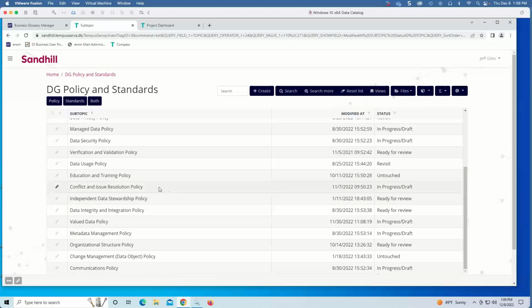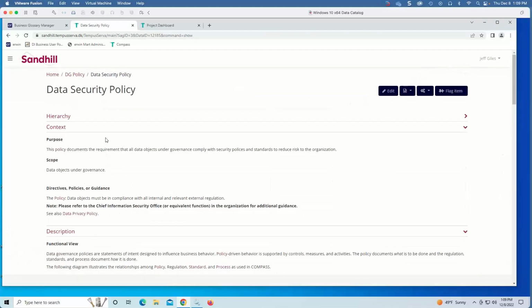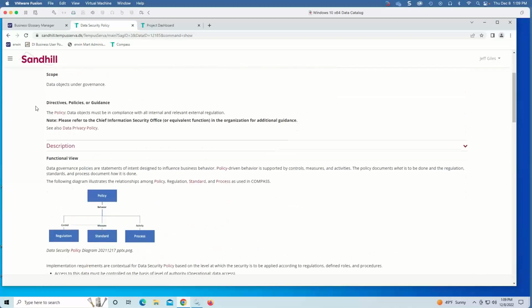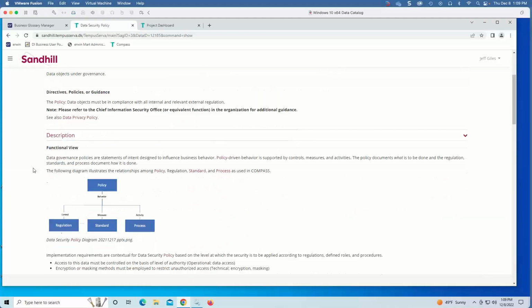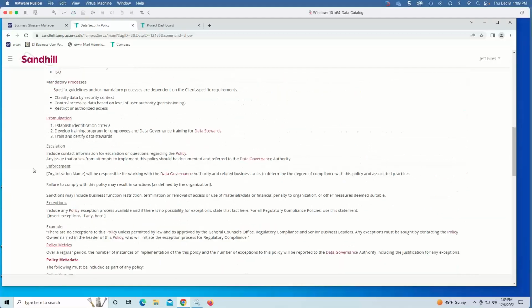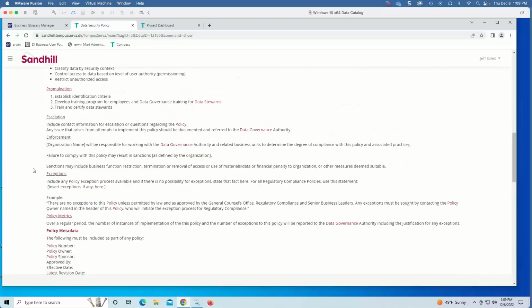Having a data policy around data use or data integration or security, these are all important policies to have. When I look at a policy, a lot of this is template driven, so I can have it defined by its descriptions, its purpose, scope, and details around the policy itself.